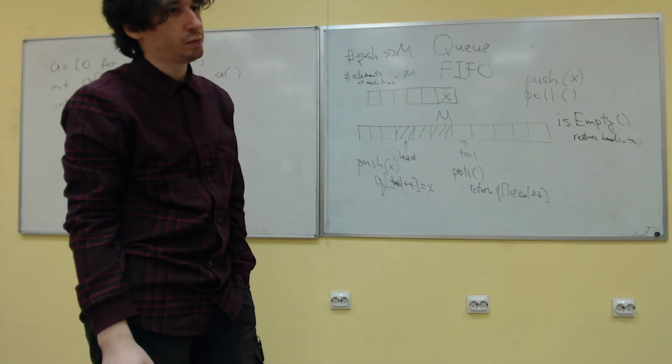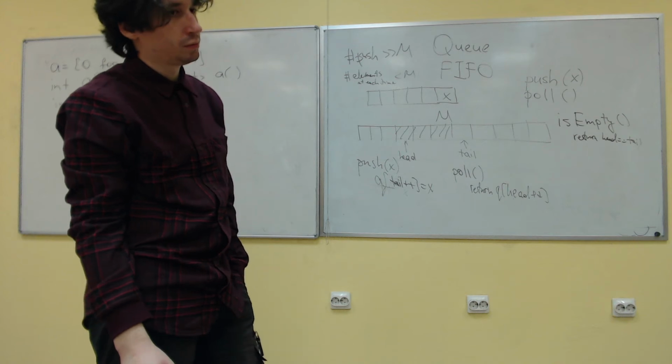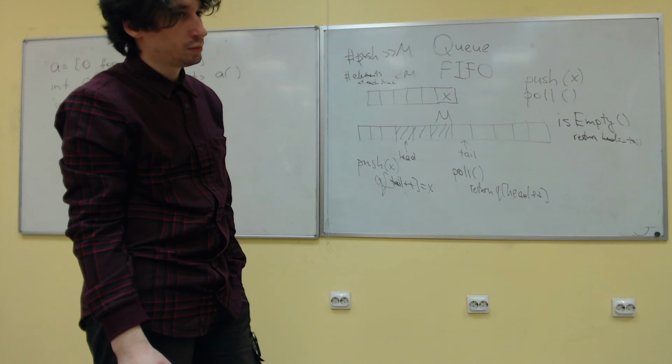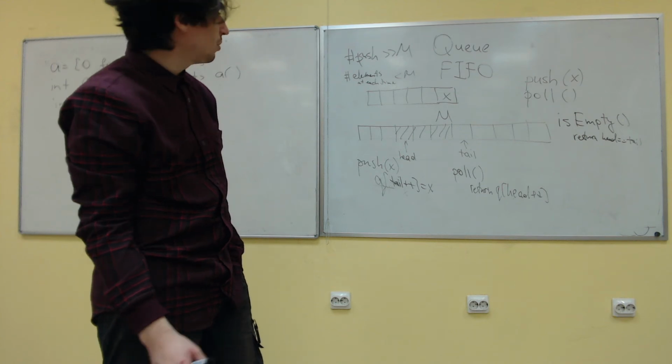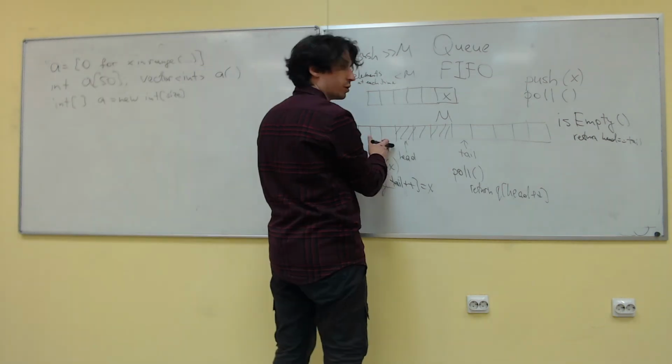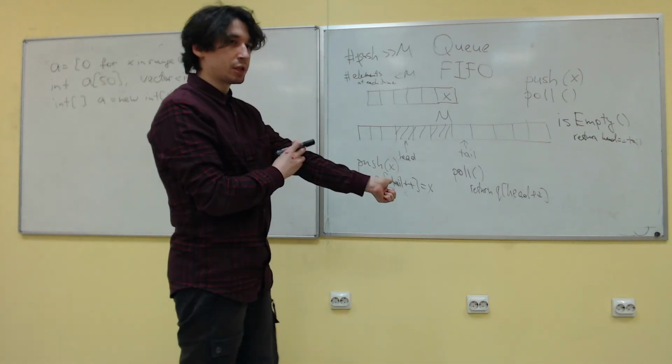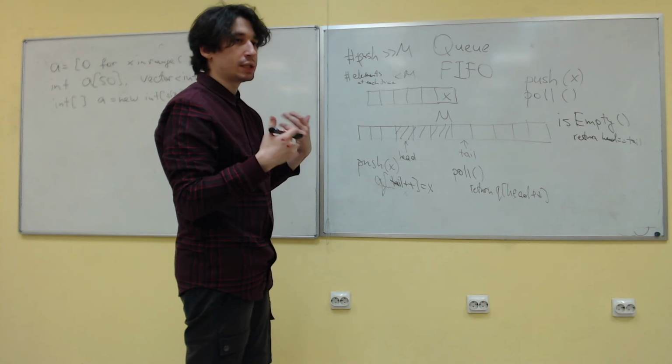Well, an obvious solution would be to just move the elements, but it's a complex operation. So reallocate. Ah, you mean reallocate the queue to the left? Something like that. Okay, yes. That's one possible solution. However, we cannot do this in constant time.